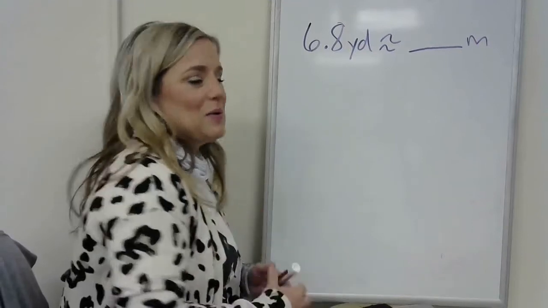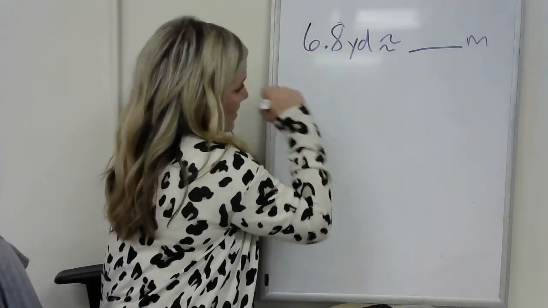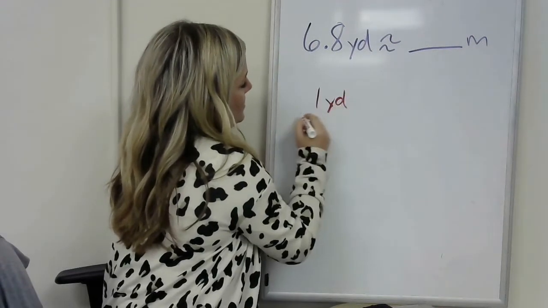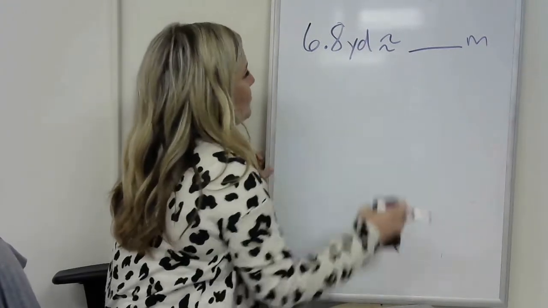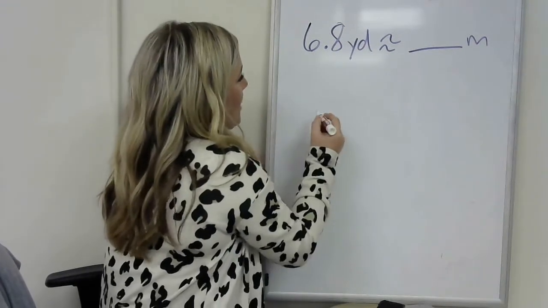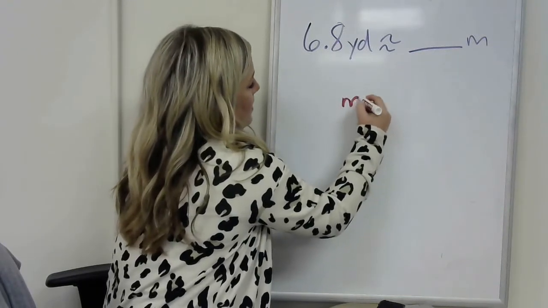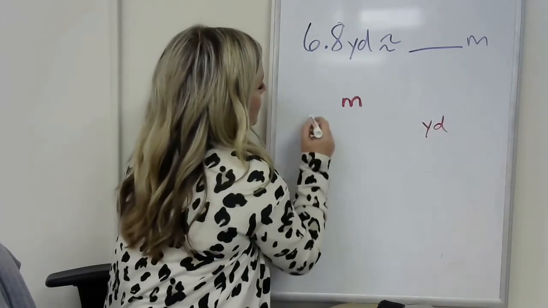Okay, so we know that 1 yard is about equal to, we know that we're going to meters. Sorry, so meters need to be on top. But I need to get rid of yards, so I know yards have to be on bottom.